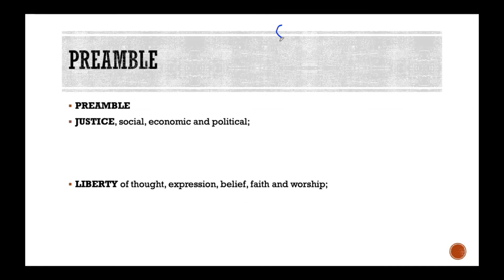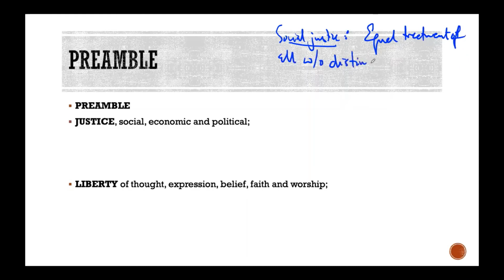So what would be social justice? Equal treatment to all the citizens. Perfect. Equal treatment of all without distinctions based on, let's say, gender.